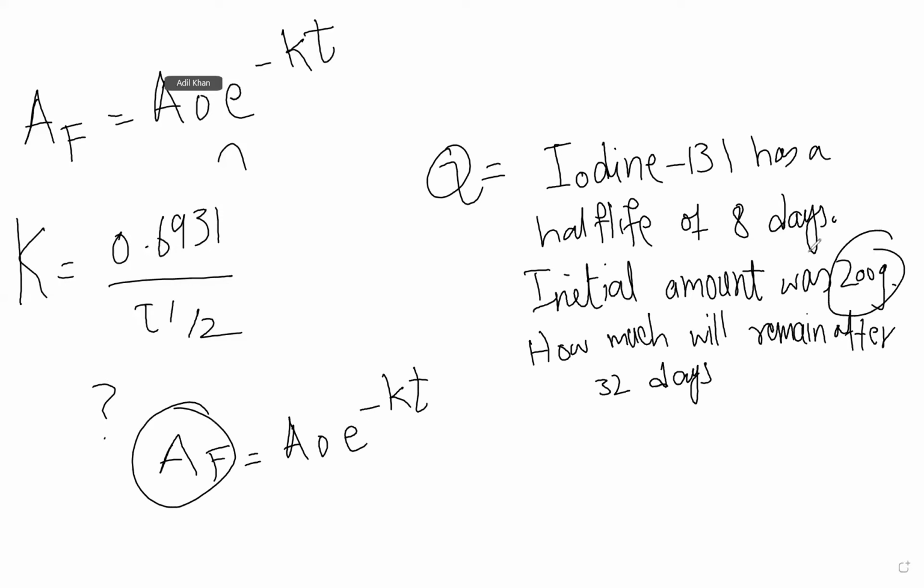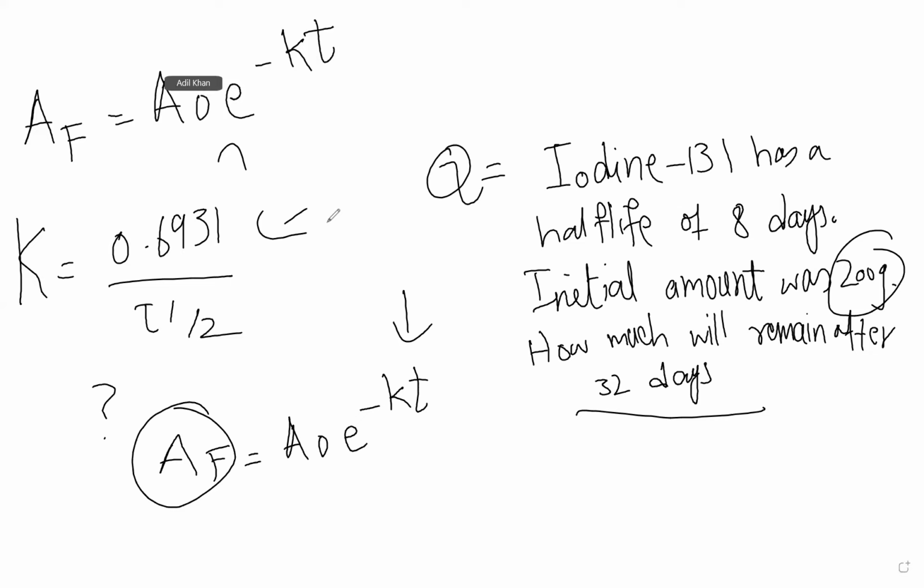Yes, that is 200. Do we have the time period? Sorry, 32 days is the time period, that's this t. 8 days is the t half in this formula. So that means we have to find the k first.